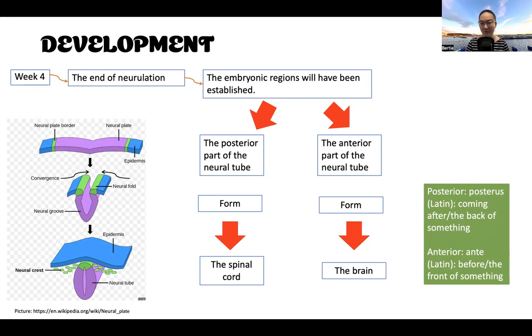Posterior means posterus from Latin. It means coming after or the back of something. Anterior means ante in Latin, which means before or the front of something. That means the posterior part of the neural tube, or the back of the neural tube, forms the spinal cord, while the anterior part of the neural tube, the front of the neural tube, forms the brain.